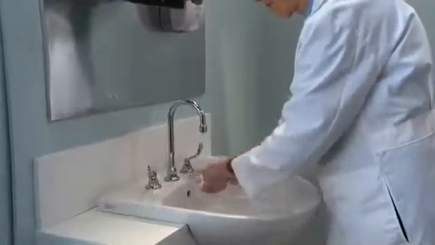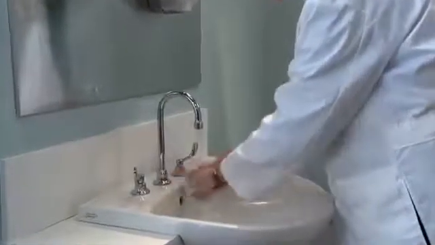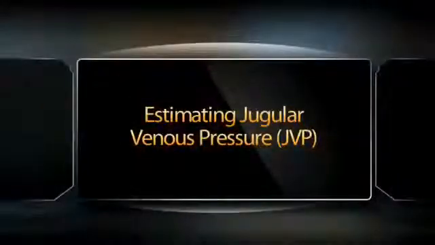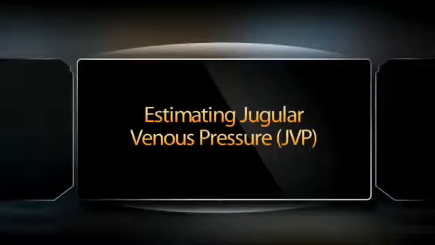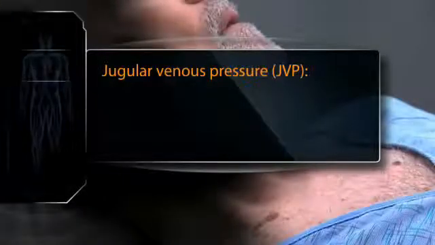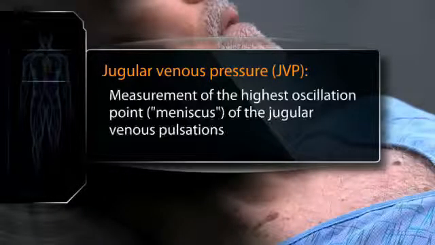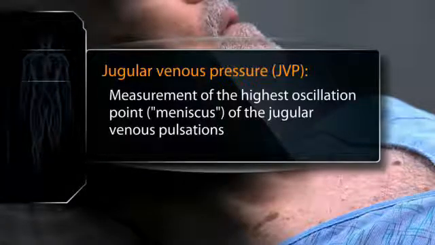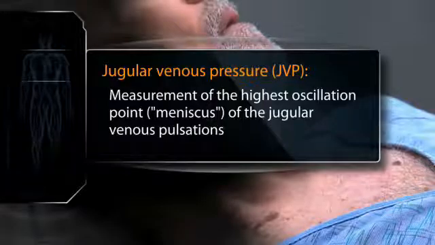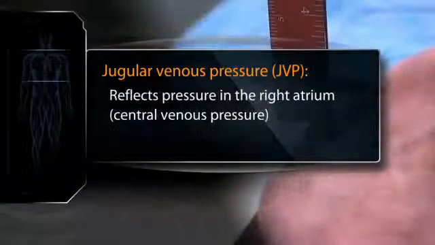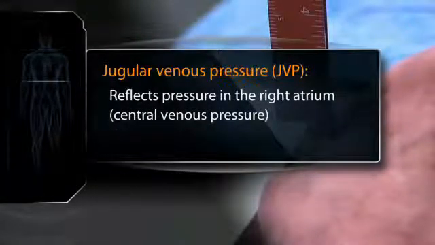After comprehensive hand hygiene, you are ready for the physical examination. Jugular venous pressure, or JVP, is a measurement of the highest oscillation point, or meniscus, of the jugular venous pulsations. This measurement reflects pressure in the right atrium, that is, central venous pressure.